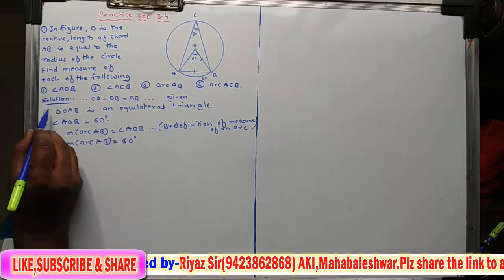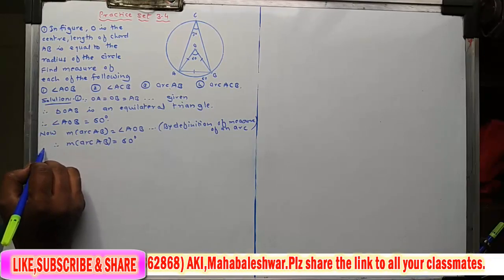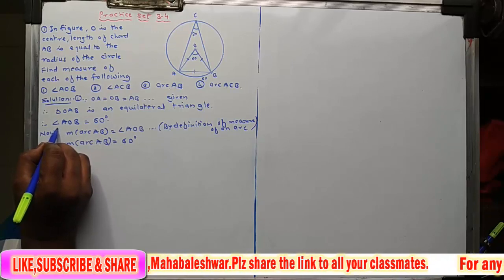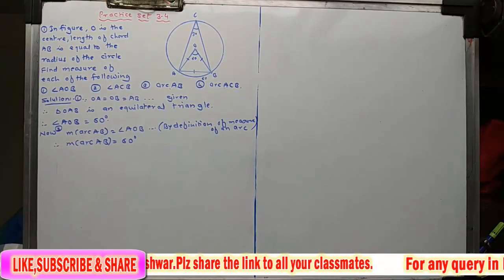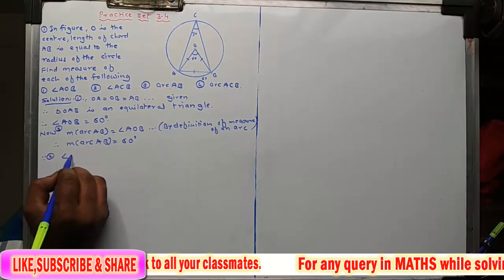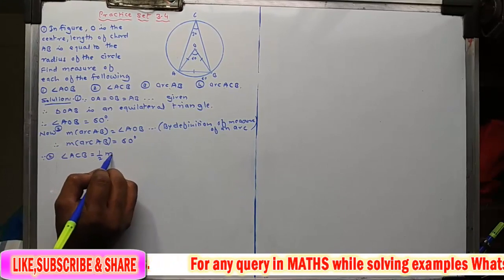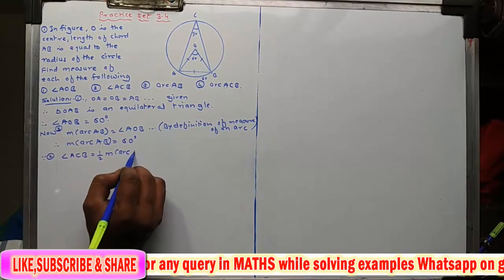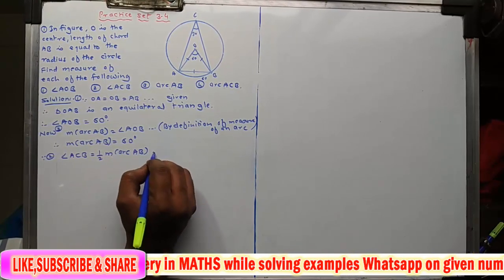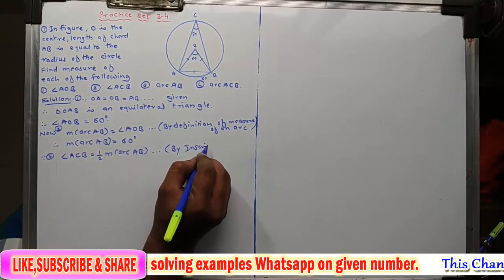This is the solution for the first one, angle AOB, and this is the solution for the third one. Third, we have to find angle ACB. Now for the second, angle ACB is equal to half into measure of arc AB by the inscribed angle theorem.